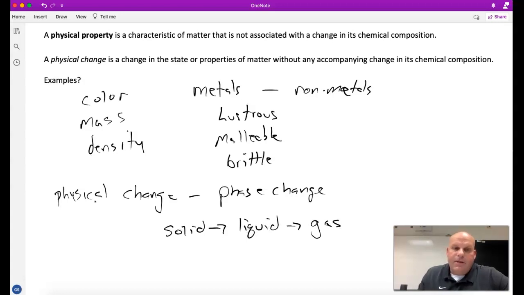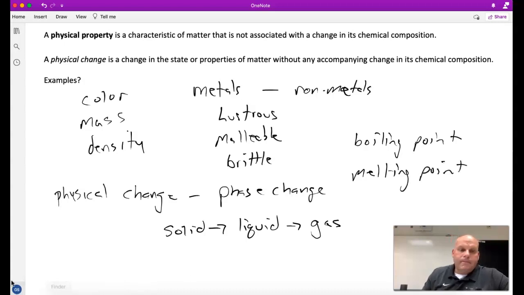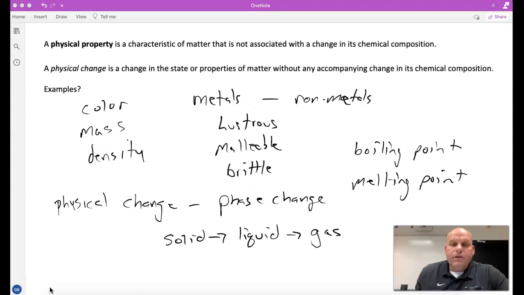So that would be an example of a physical change. That means, to add some more properties here, some common physical properties along those lines of phase changes would be boiling point or melting point. So that covers physical, whether we're talking properties or changes.